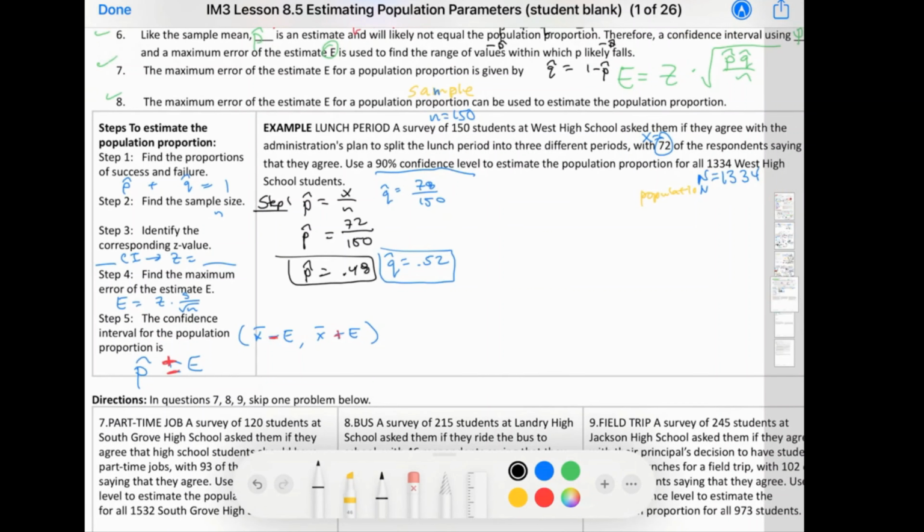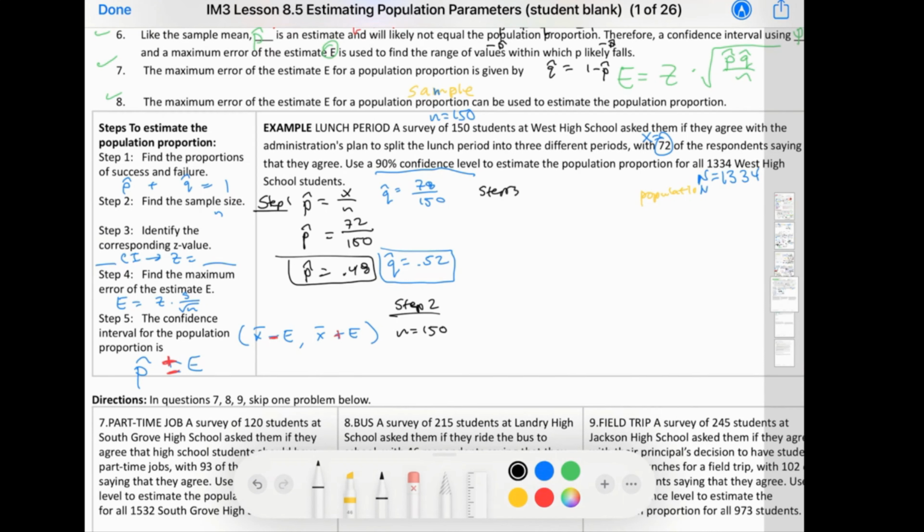Step number 2, we already know what the sample size is. The sample size is 150. Basically, we're just getting all of our variables ready to put into the formula. That's all we're doing.